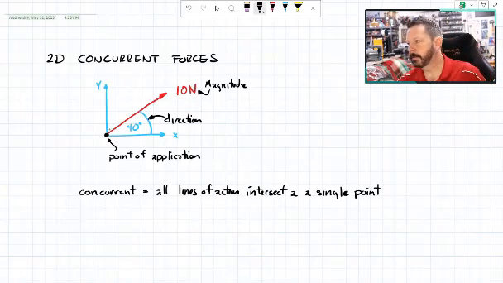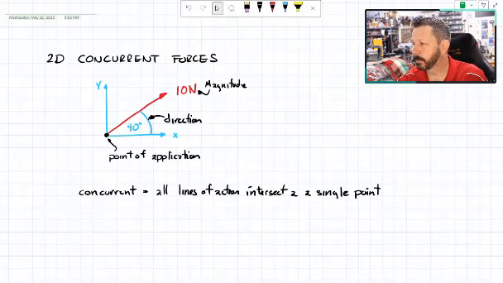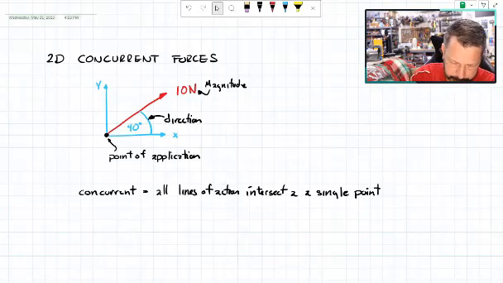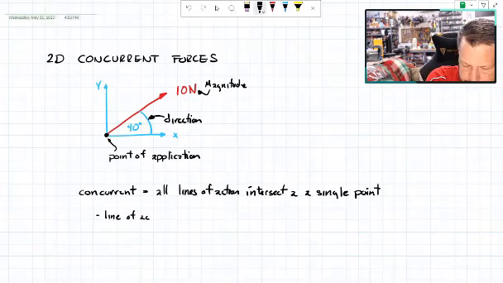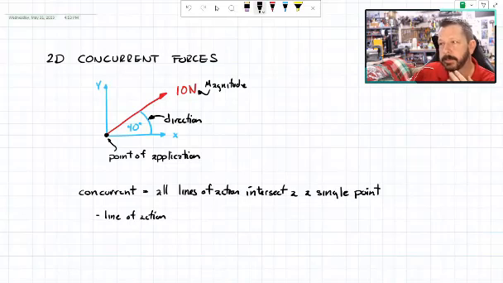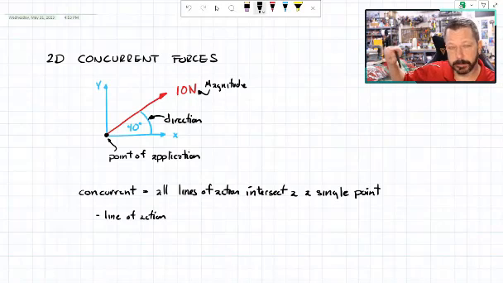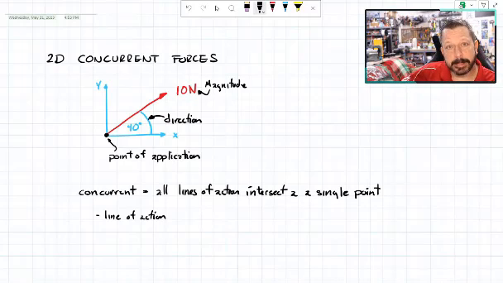So we have to define the line of action part. If I take a force vector, like the 10 Newton force here, and extend it in both directions, the direction it's pointing and the direction it's pointing away from, that imaginary line, I usually draw it as a dotted line. That line is the line of action.